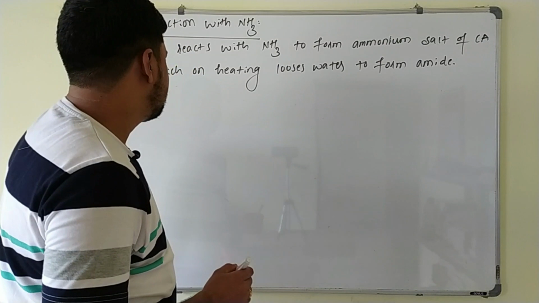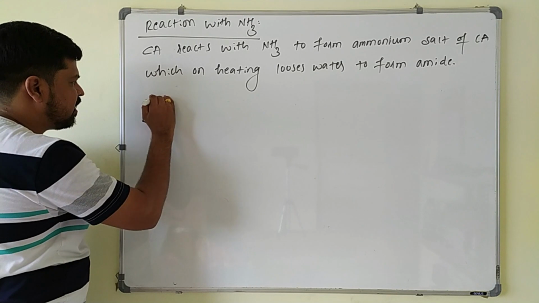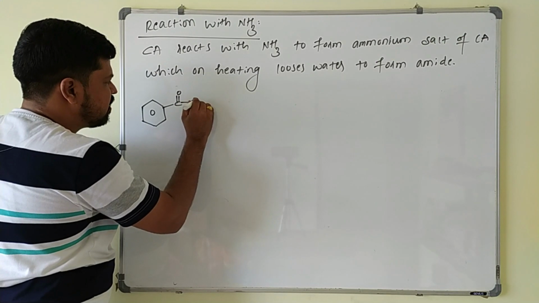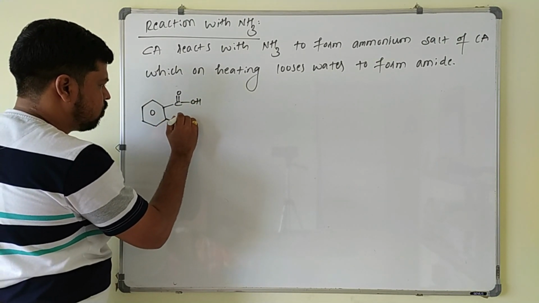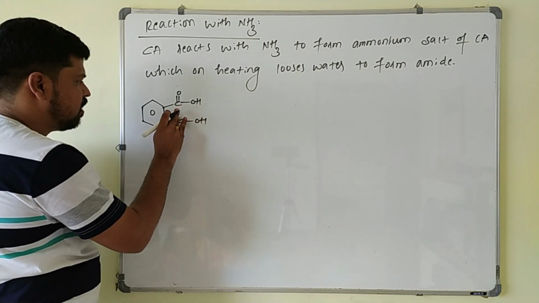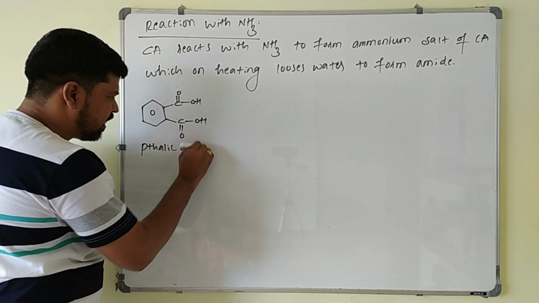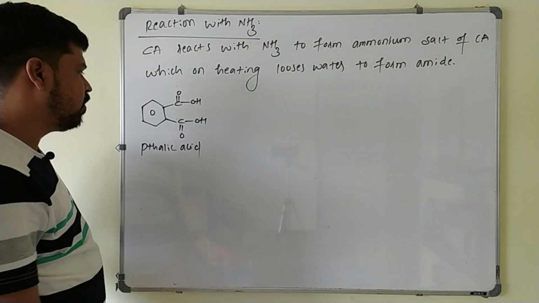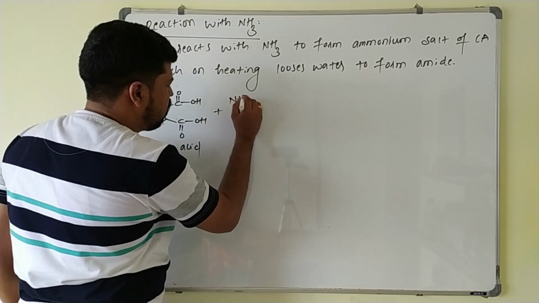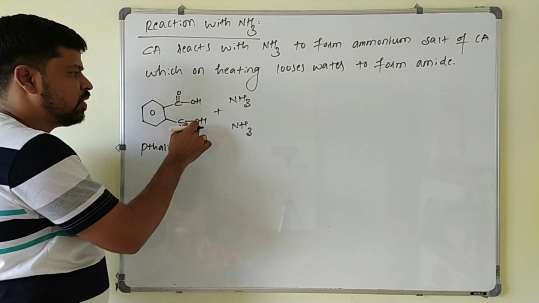The next example is, if I take phthalic acid, in which two COOH groups are present on adjacent carbon atoms on the benzene ring. This is your phthalic acid, C double bond O and OH. This phthalic acid on treating with ammonia reacts with 2 moles of ammonia, because 2 COOH groups are there. So I will take 2 moles of ammonia, this reacts with this and this reacts with this here.